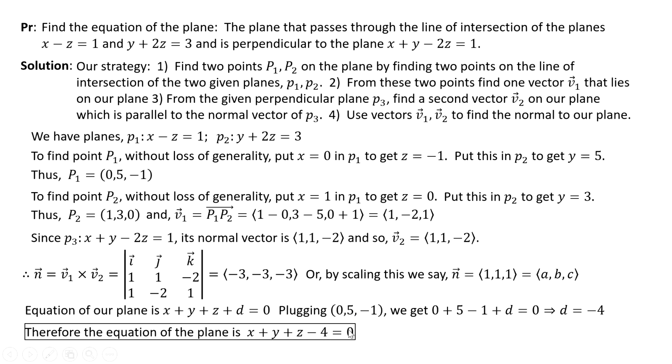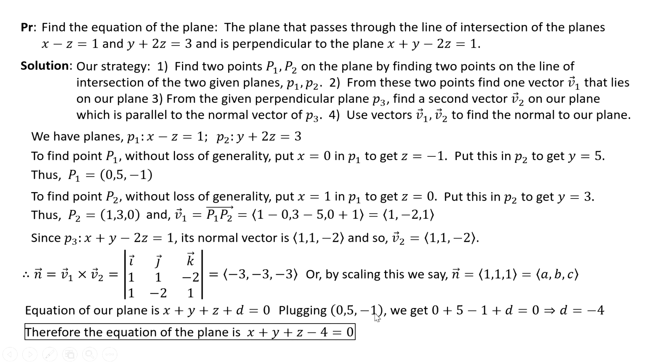Now, pay attention to one last thing I want to say about this one. What if we had taken our A, B, C to be negative 3, negative 3, negative 3? At this stage we would have negative 3x minus 3y minus 3z, and d would have turned out to be plus 12. Try it.